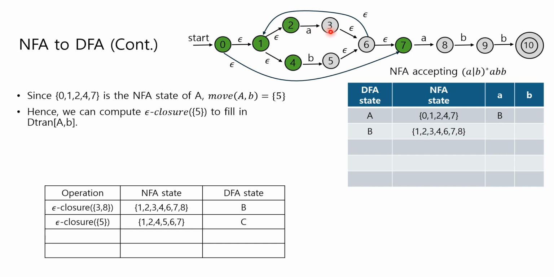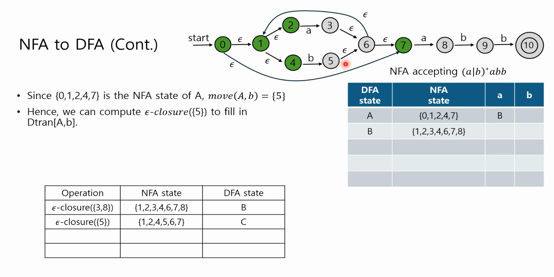State 3, no, you cannot reach 3 on epsilon transitions alone. State 4 you can reach from 5 through 5 to 6 to 1 to 4 on epsilon transitions alone. And state 5 you can reach from 5 on 0 moves, so we add state 5 as well.